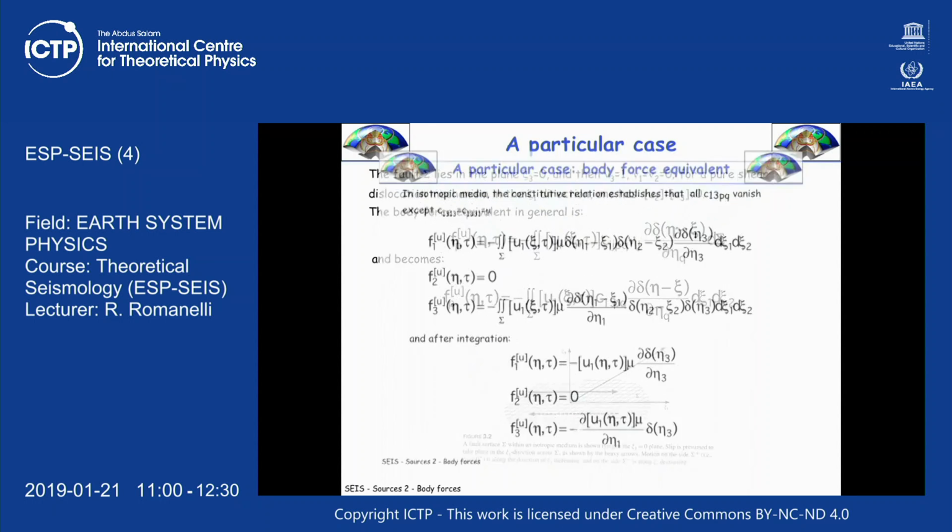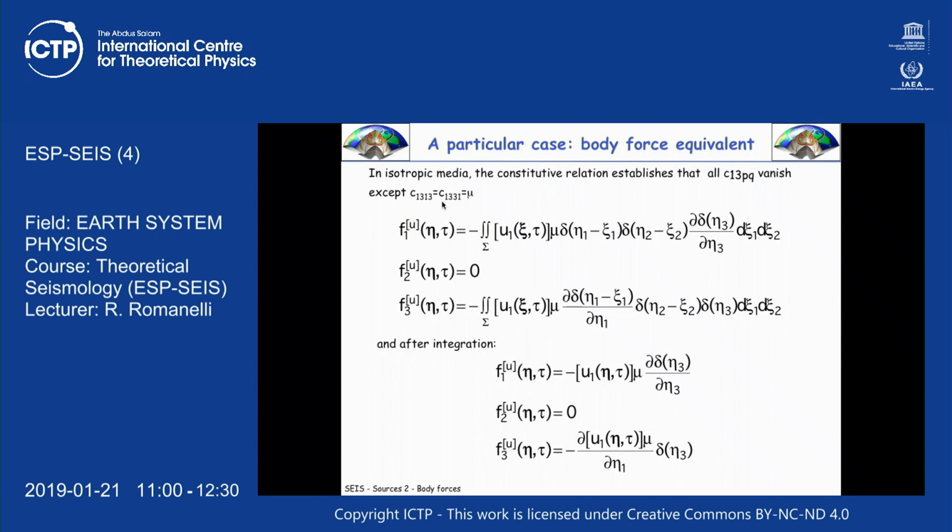And so the next step is that the only two terms that can be alive are just 1313 and 1331. And for a pure shear dislocation, they are just mu. Why? Because there is no explosion. It's our assumption, okay? It's a pure shear dislocation.